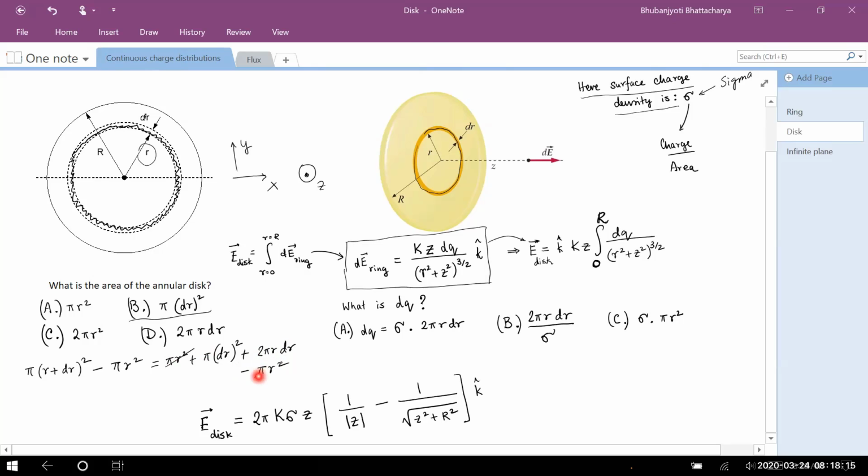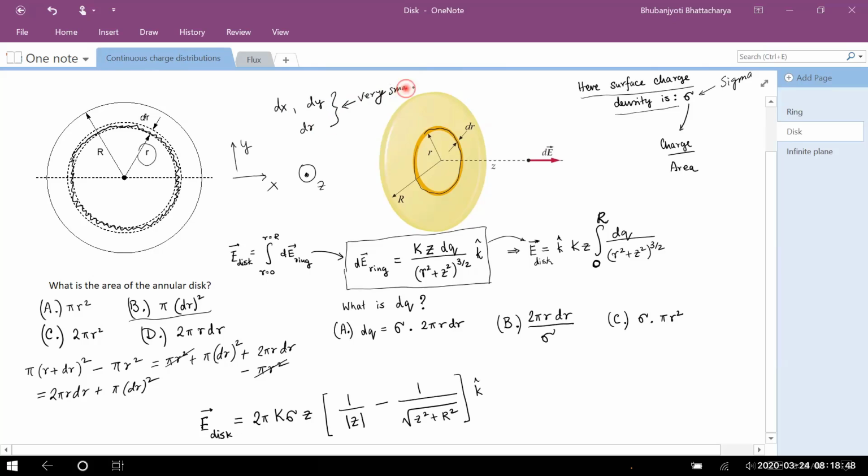These two terms cancel: positive pi r squared, negative pi r squared, those two go away. So what you're left with is 2 pi r dr plus pi dr squared. So it seems like the answer is neither B nor D. But in calculus, there is a certain assumption that you can always make. Quantities like dx or dy or dr are really very small quantities.